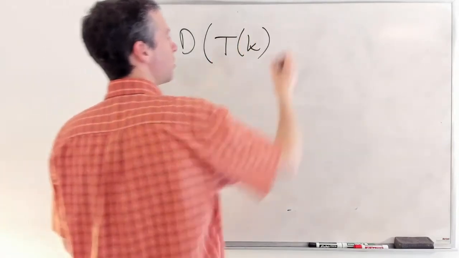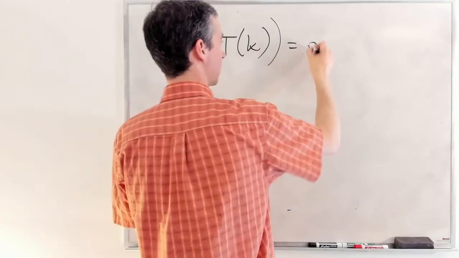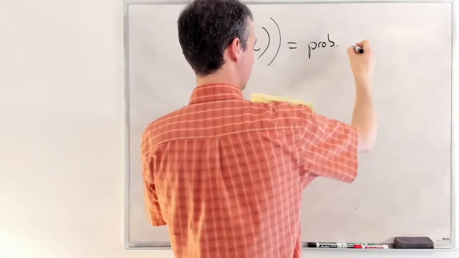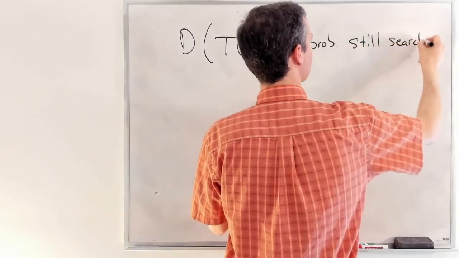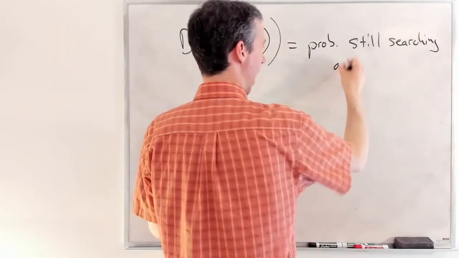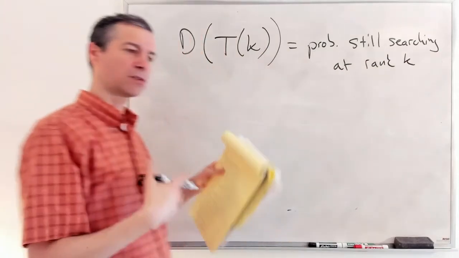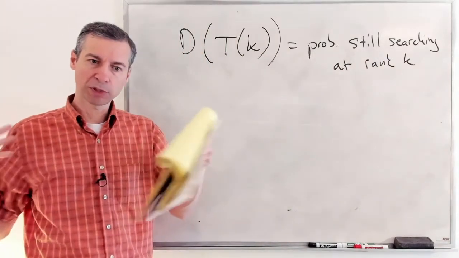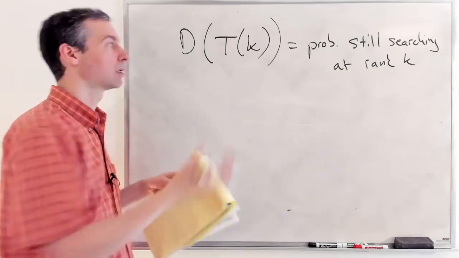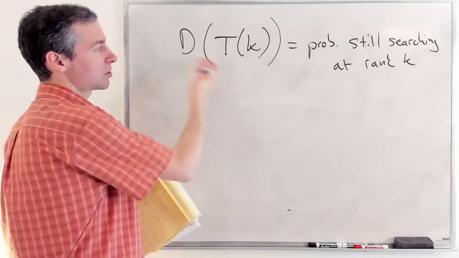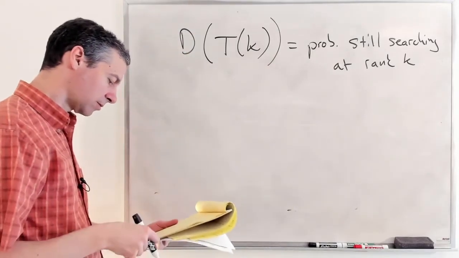We can take our time to reach rank K, and this is going to give us back the fraction that are still searching at rank K. So now we've been able to turn it from just times into ranks. And so we can ask questions about how long on average at this rank, which tells us the fraction of people still searching.